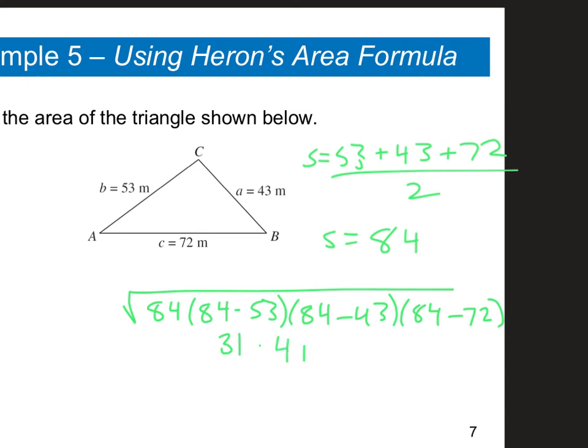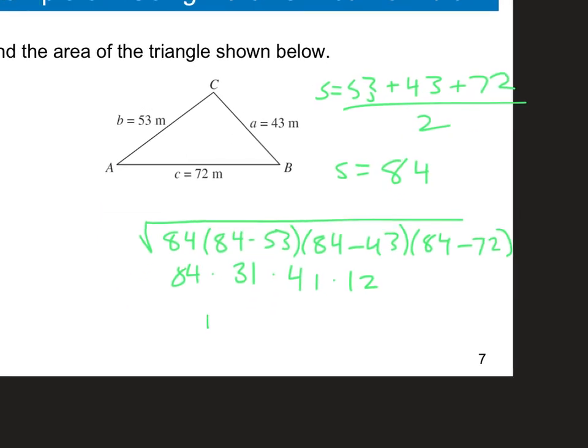And 84 minus 72 is 12. Times 84. Now I can do all of this together: 84 times 31 times 41 times 12. And I get 1,281,168, and then I take the square root of it.